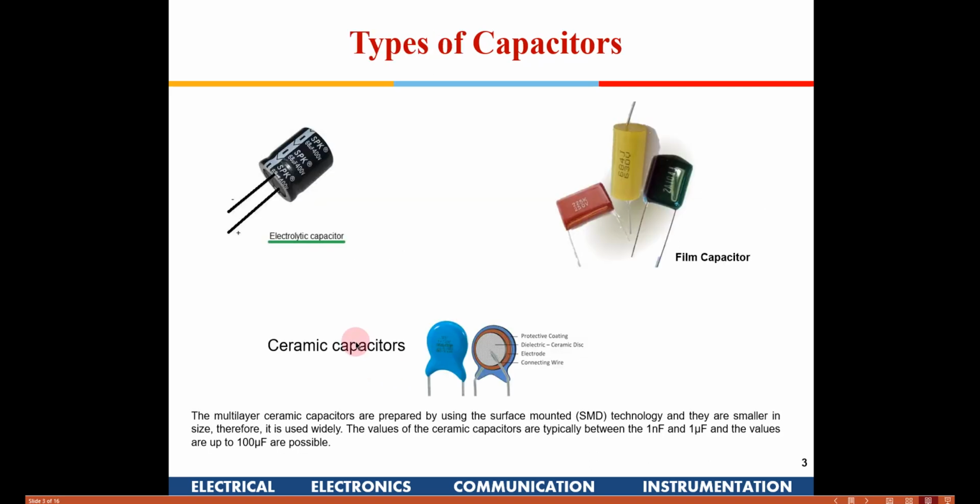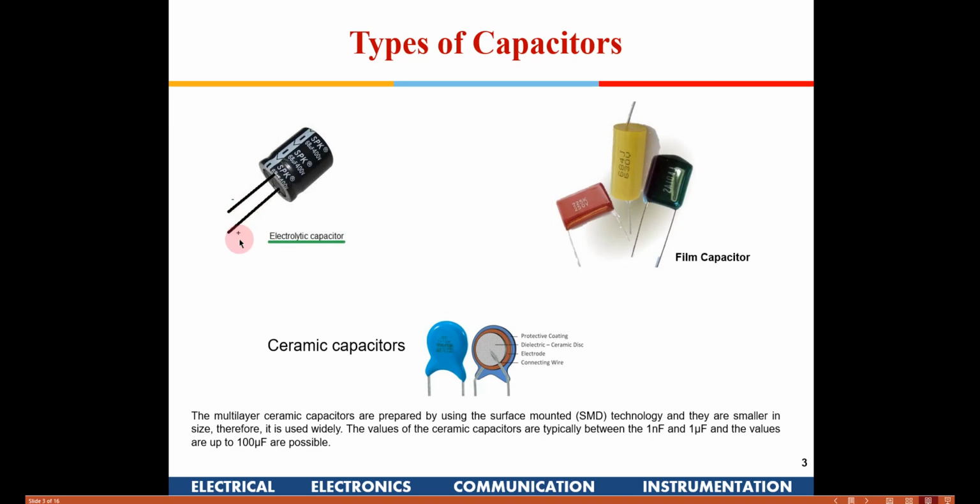There are several types of capacitors available in the market. The top left is known as the electrolytic capacitor, in which there are plates, and the dielectric is a semi-liquid paste kind of thing. They are polarized. Polarized means the terminals are defined positive and negative. You cannot connect it the other way around in the circuit.